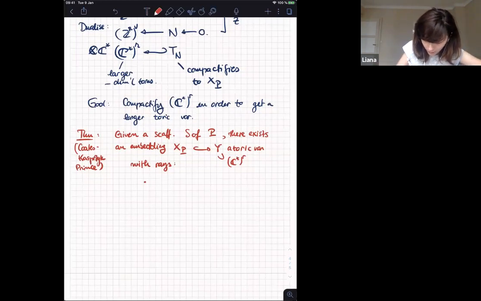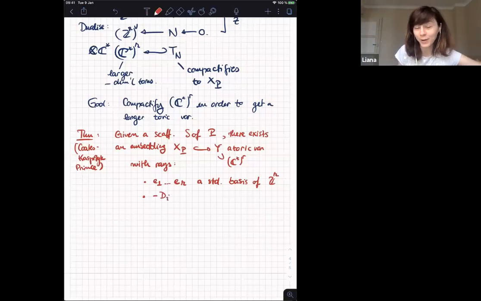So the first R rays are just the canonical basis of this lattice, e_i, a standard basis of Z to the R. And then also minus D_i.